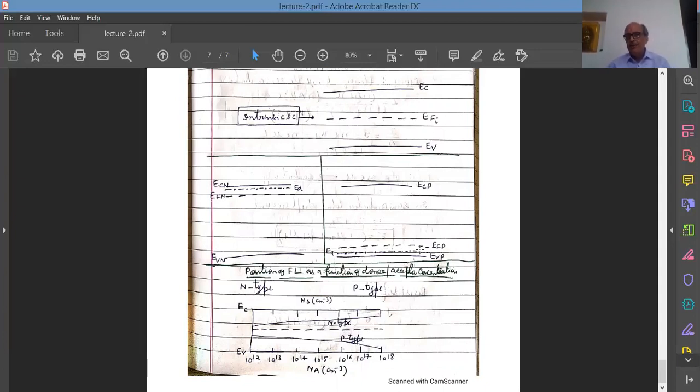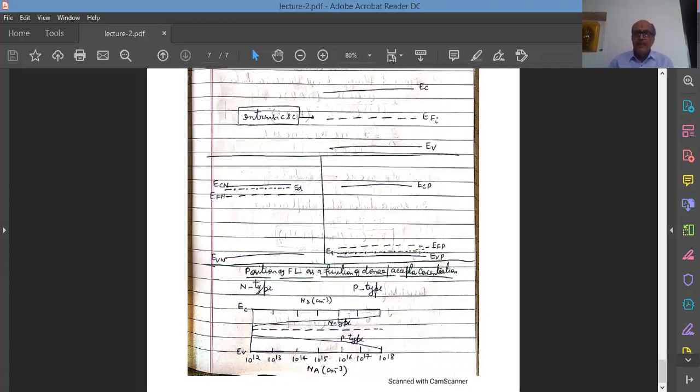If you just look at this energy level diagram, there are two ways to get the electrons to participate in the conduction game. In the case of an N-type semiconductor, either you excite an electron from the valency band to the conduction band, that is thermal generation or electron-hole pair generation, by helping an electron take a transition from the valency band to the conduction band.